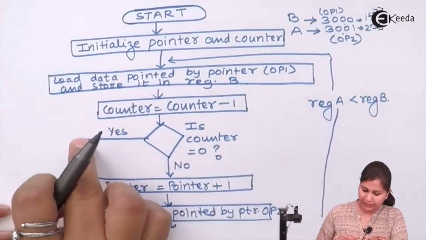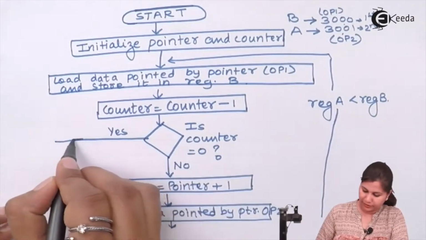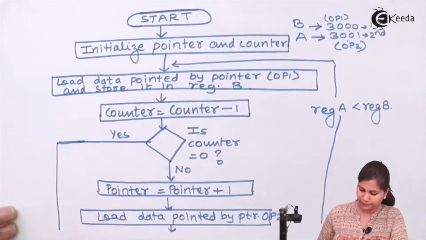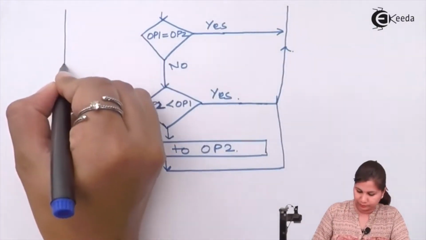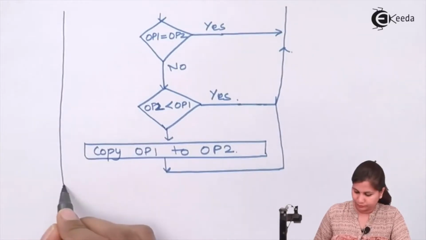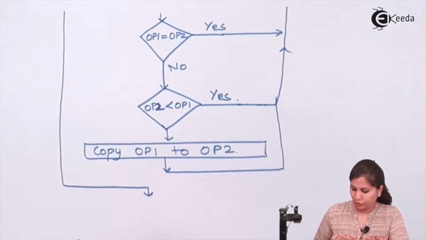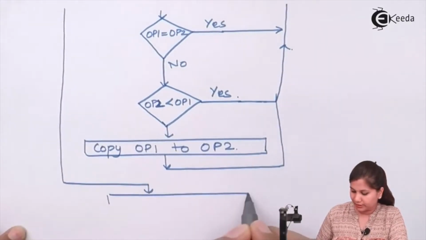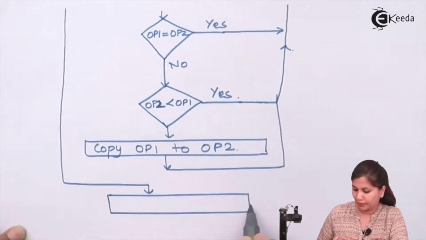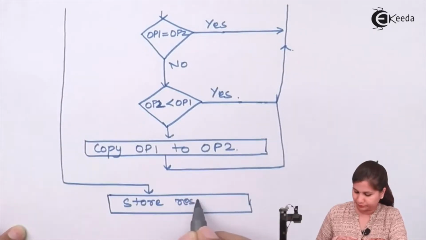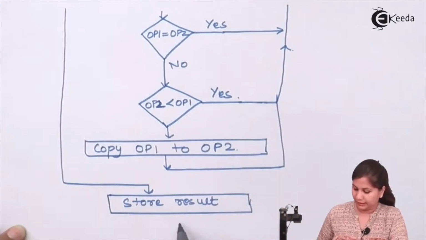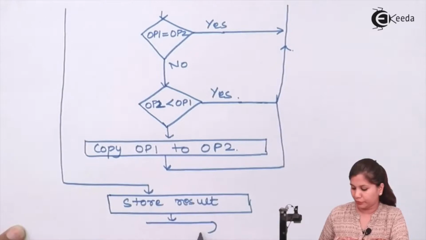When this counter has become 0, that means this condition is true, then you are going to store the result because you have got your maximum number in register B, and then you have to stop the program.